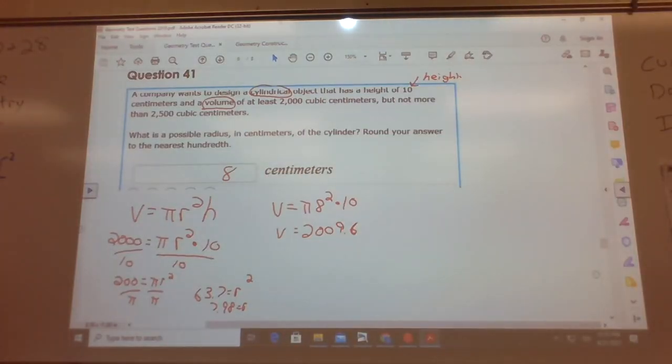The biggest it could go was 8.9. 8.9 was still small enough, but if you went up to 9, you were too big. Questions on that?